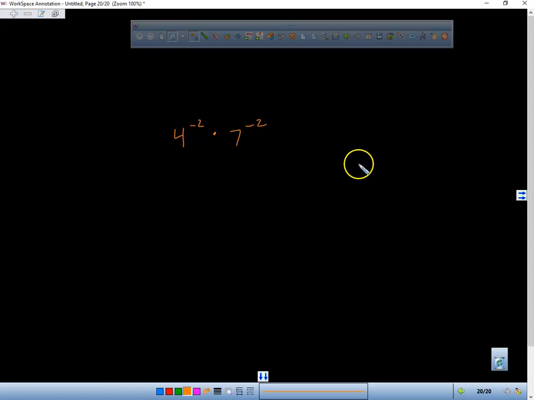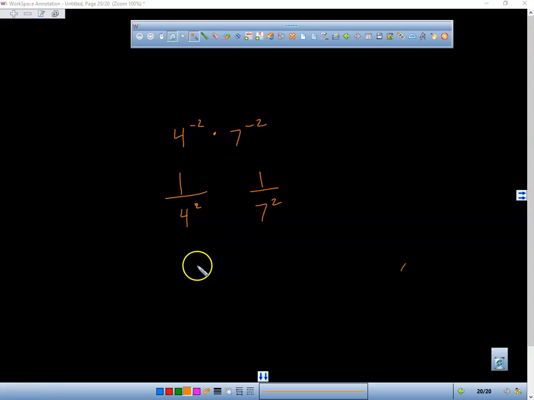Okay? Now, what we're going to do is figure out what that means. Now, 4 to the power of -2 means 1 over 4 squared. 7 to the power of -2 means 1 over 7 squared. Okay? So, that's one of your possible answer choices. Let's see here. I'm looking at your symbol.